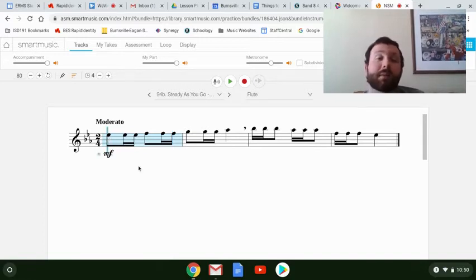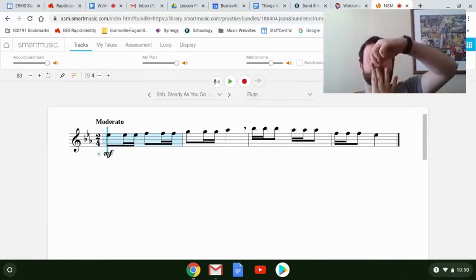Anyway, this has eighth note and 16th note combinations. If you look right here where my mouse is, that is an eighth note because it's only got a single bar. Then it's followed by two 16th notes, and we know those are 16th notes because they have the double bar. We take our 16th note, which is four counts, and combine the first two counts.